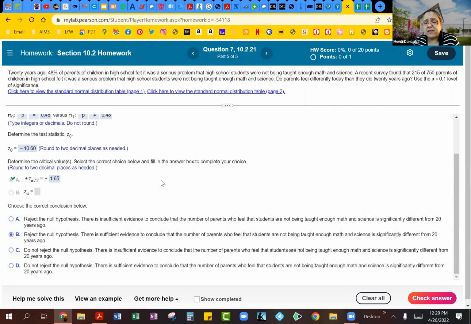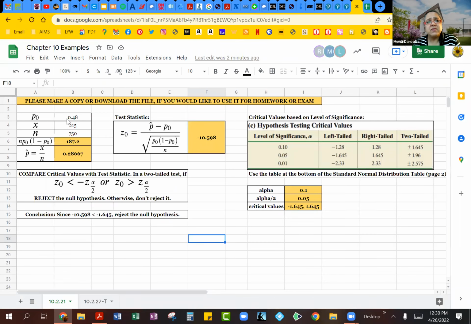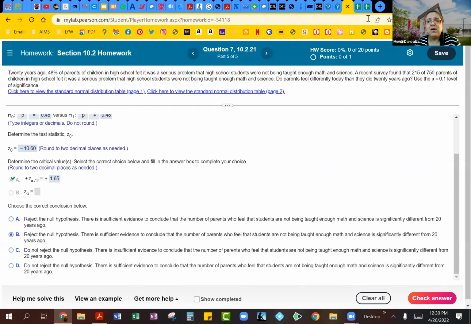And for that, I would say look at the two probability values, the p sub 0 and the p hat that we calculated. Do we have sufficient evidence or do we not? So is it going to be part A or part B?